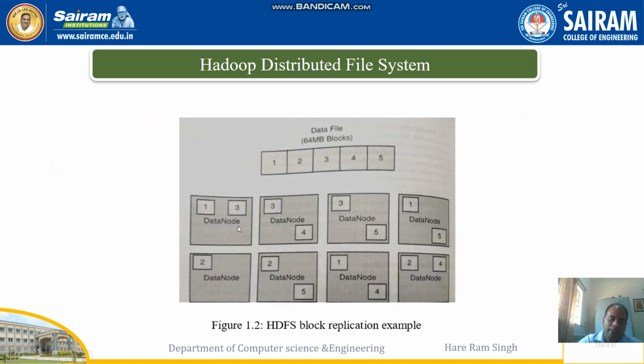If any data node fails, suppose this data node fails, the first block can be recovered from this or this. Similarly, if 2 data nodes fail, the first block can still be recovered from the seventh one. The second block is stored on the 4th, 5th and 8th. If any one fails, it can be recovered from another data node. If 2 data nodes fail, it can be recovered from the third data node. This is how it works.